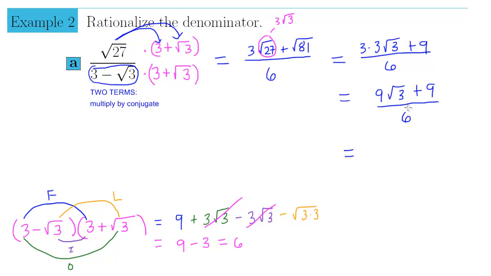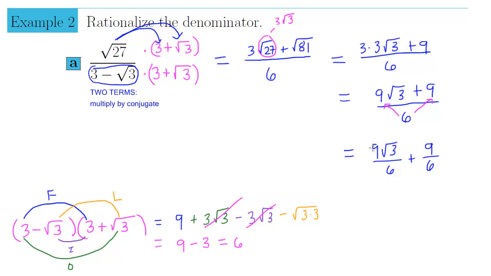The last step that you should do to reduce this fraction as much as possible is distribute this division. This will end up being 9 root 3 over 6 plus 9 over 6.